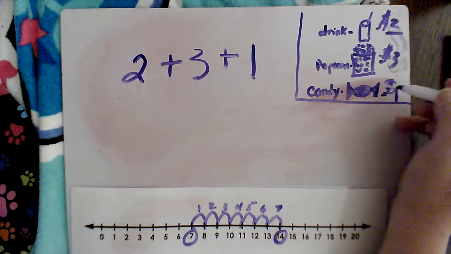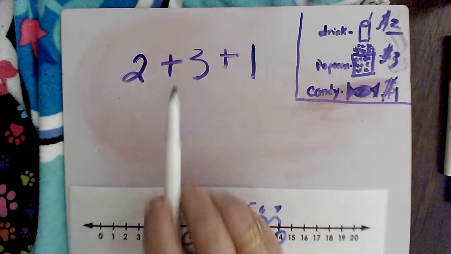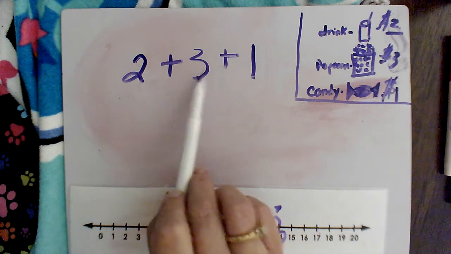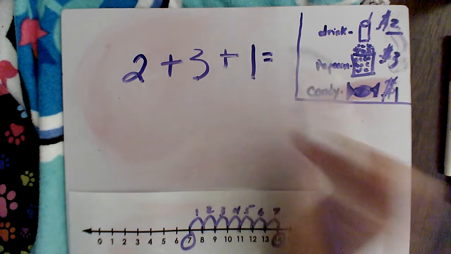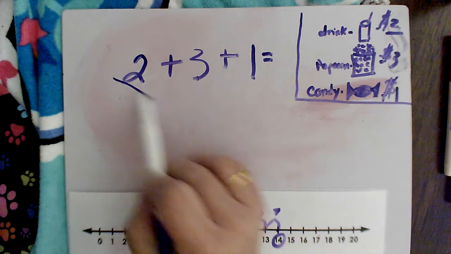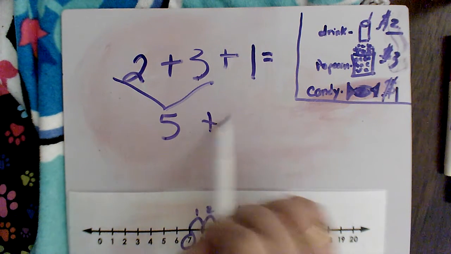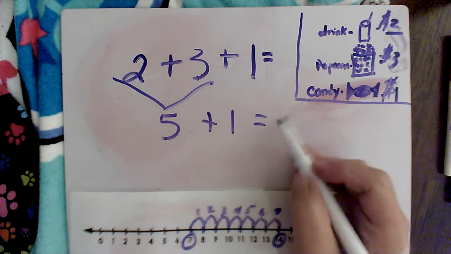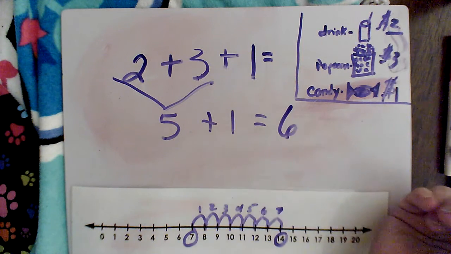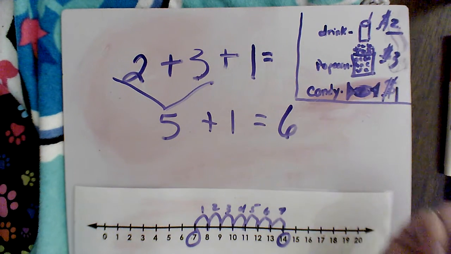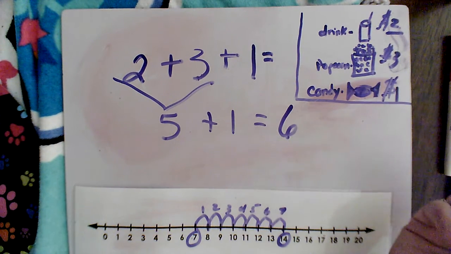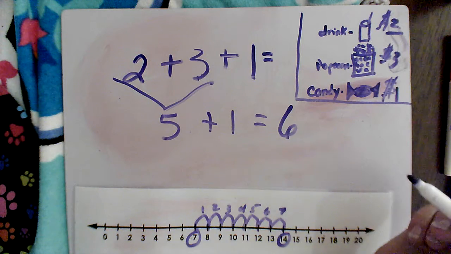Then we're going to add those all up. What is 2 plus 3 plus 1? I know that 2 plus 3 is 5, and then if you add 1 more to 5, you get 6. So how much did I spend on drinks and popcorn and candy at the movie theater?